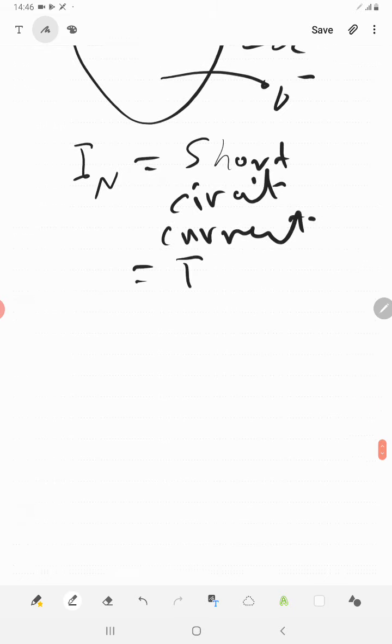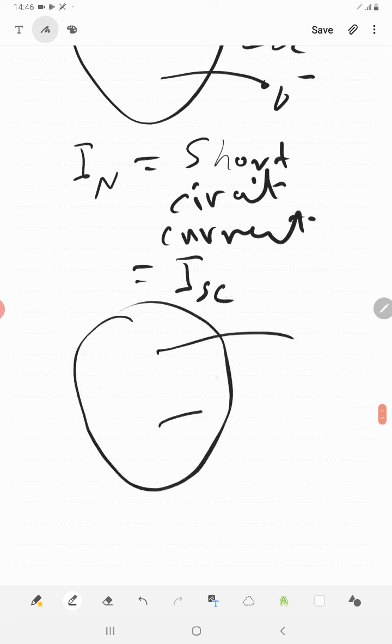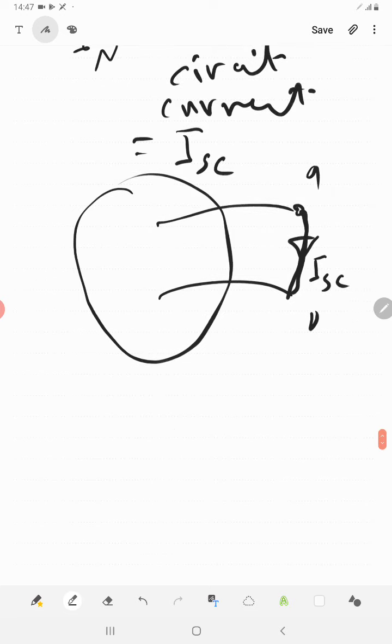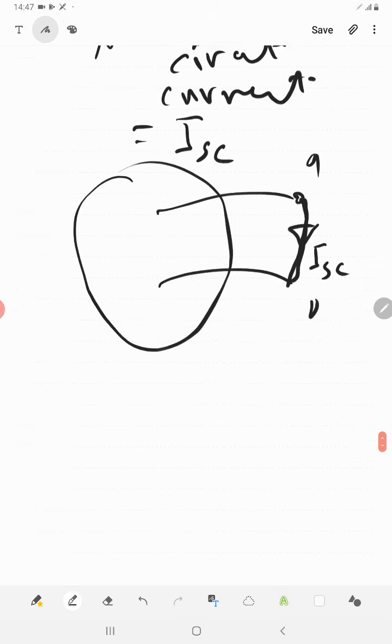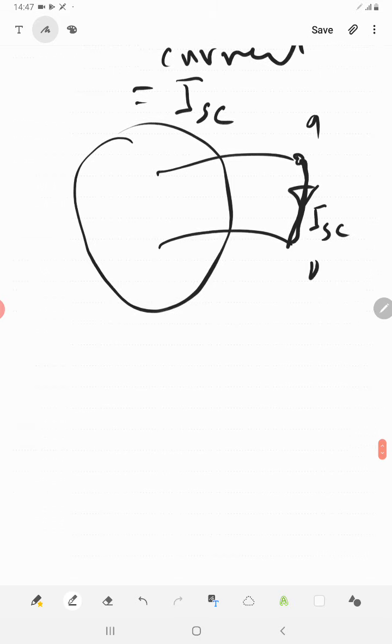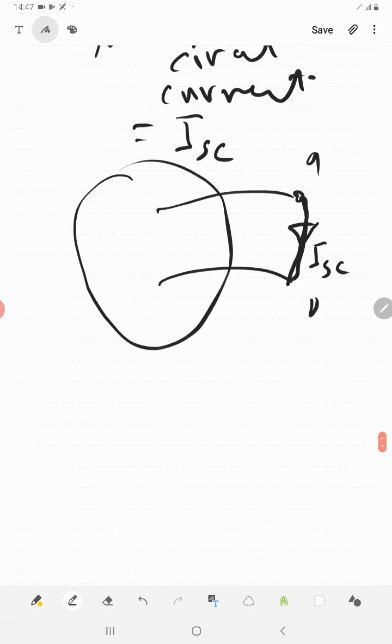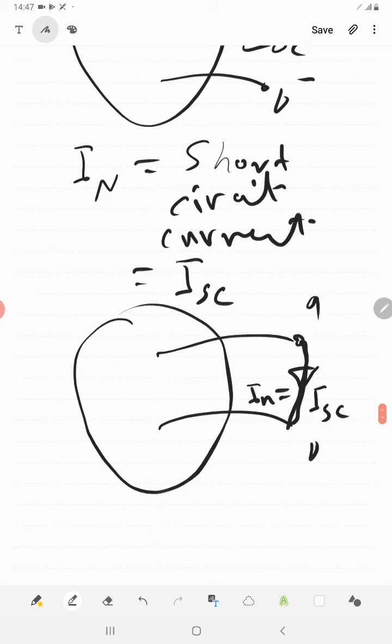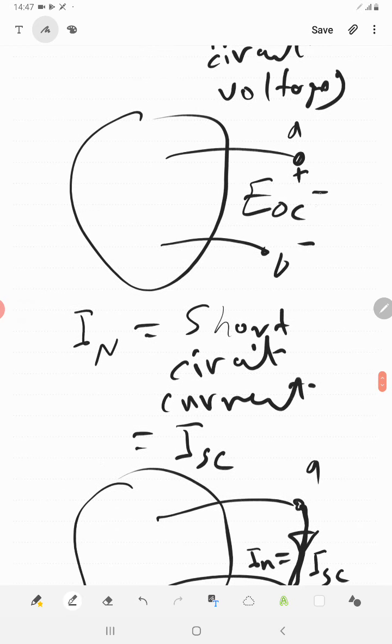So if you have the circuit like this with A and B, we make a short circuit and we calculate what is I short circuit. Okay, so this is basically how we obtain IN and E Thevenin. IN is the short circuit current, E Thevenin is the open circuit voltage.